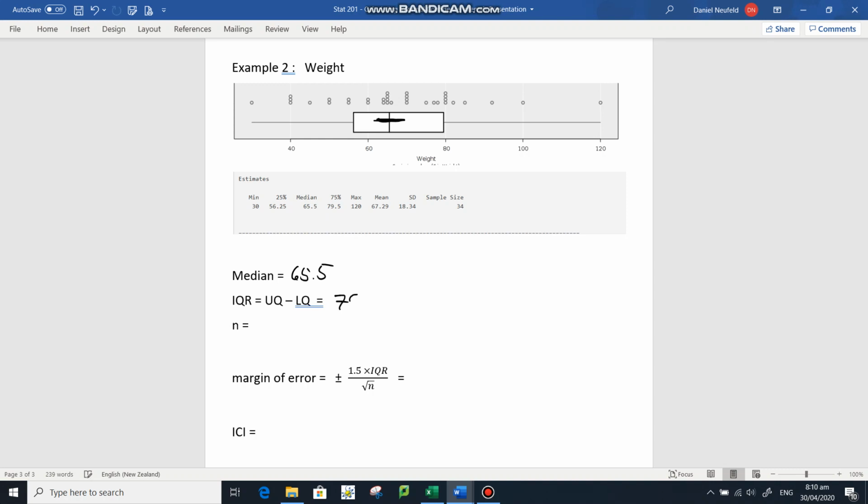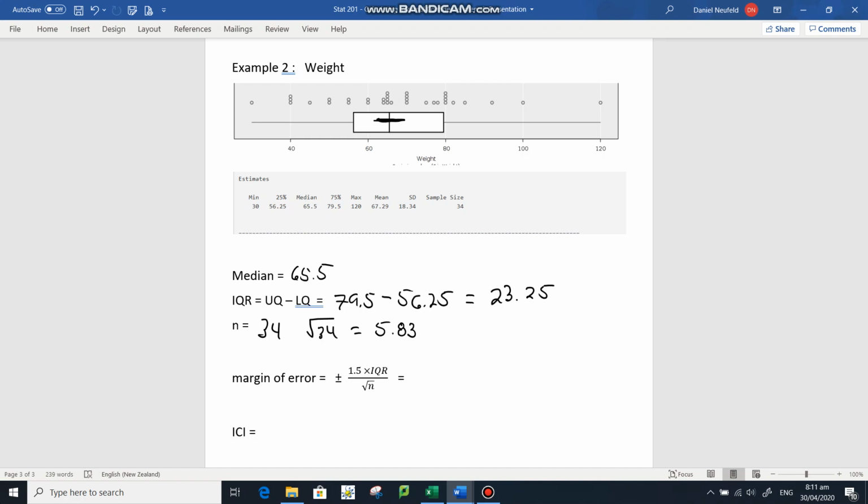UQ is 79.5, minus 56.25. N is 34 people. That total, the IQR, is basically 23.25. For 34, we have to find the square root of 34, and that's 5.83.